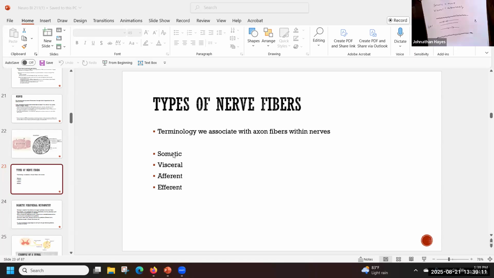Afferent is going toward the CNS. That means it's sensory in nature. What are things that I can consciously pick up sensory wise? Well, maybe touch, maybe itch, burn, pain. Those are things I'm all aware of. Proprioception is something I can pick up that's somatic afferent in nature.